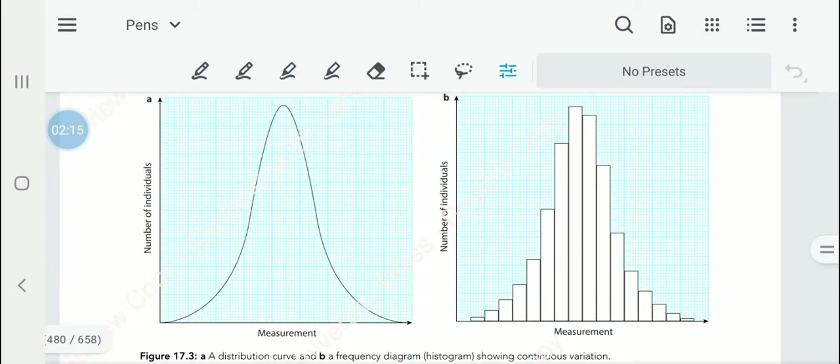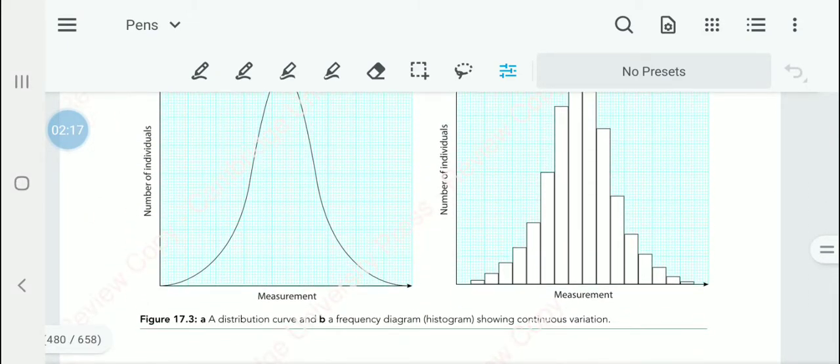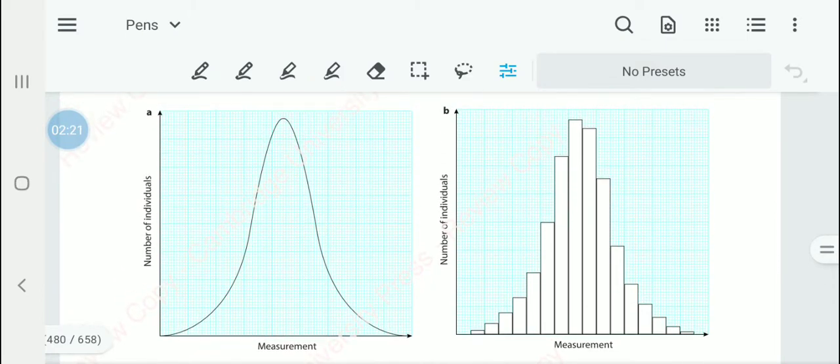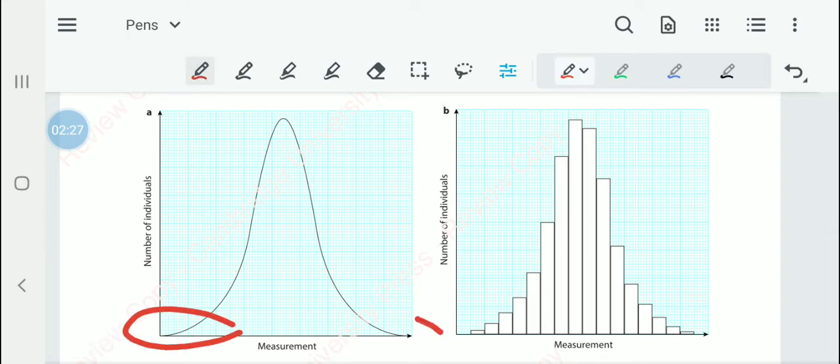But if you take the measurement of, for example, height or weight, you will be able to show it like this. These are the two extreme ends. There wouldn't be anybody with a mass of 0 kilograms.